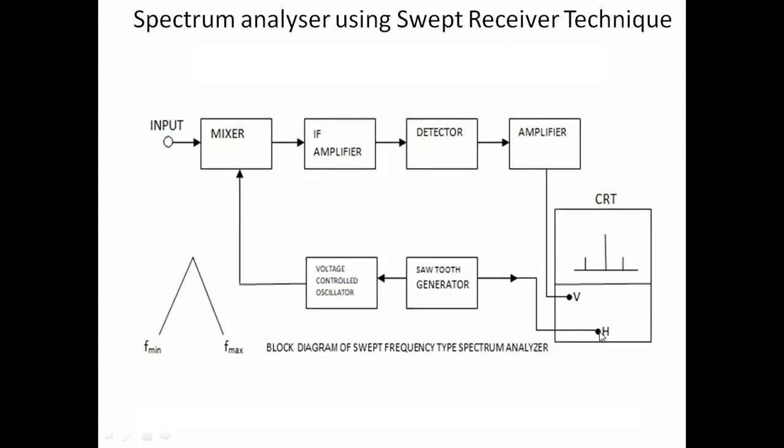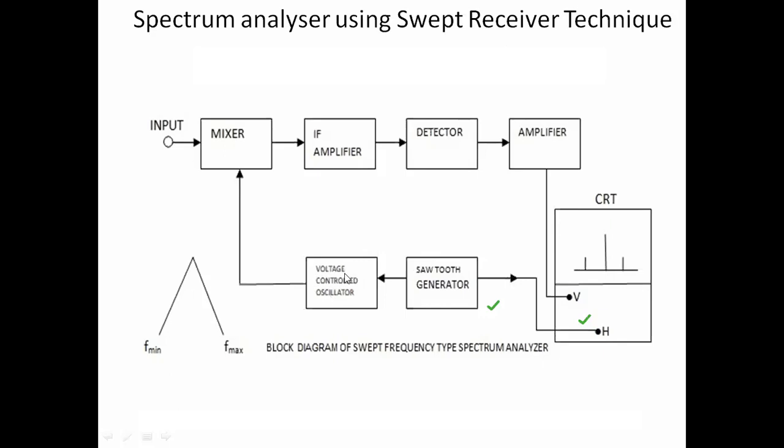So in the CRO we have horizontal deflection plates and vertical deflection plates. To the horizontal deflection plates, we apply the sawtooth waveform generator output. Similarly, the same voltage is applied to a voltage controlled oscillator.